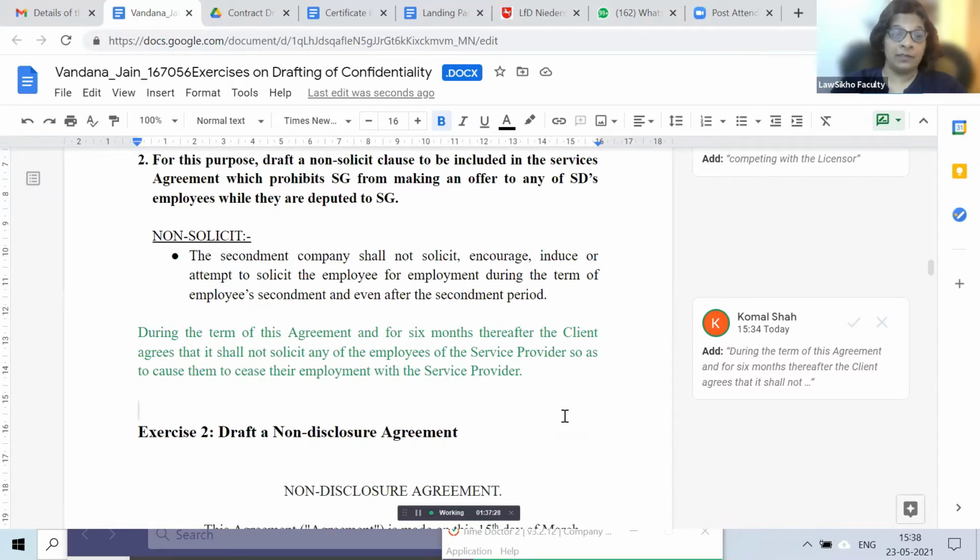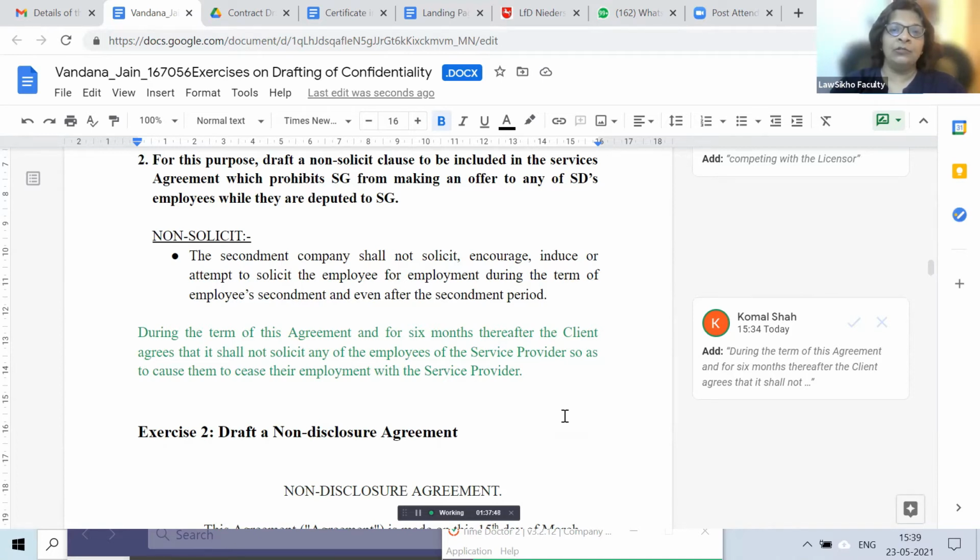So the point is that you can't cause them to cease their employment, and you can't make them double work also, because the employment agreement will anyway have this clause that you can't do anything else together with that, right? So that's how it will be restricted.